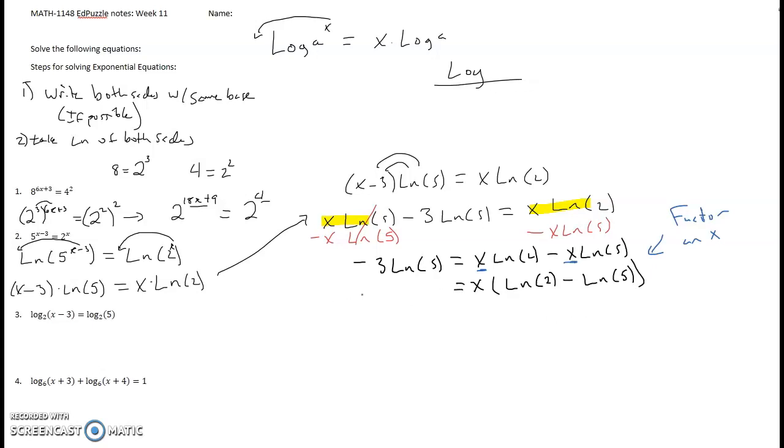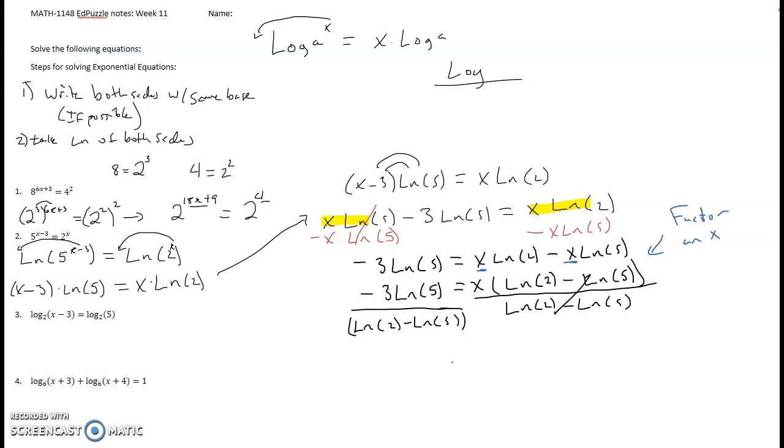This stays the same over on that left-hand side. And now you can see I'm just going to divide by this nasty term right here. So I'm going to divide both sides by ln of 2 minus ln of 5. Divide this by ln of 2 minus ln of 5. And these cancel out. And this is going to be my final answer right here.